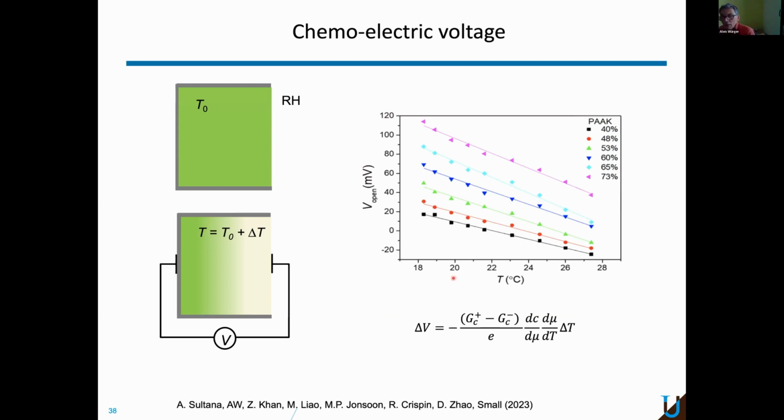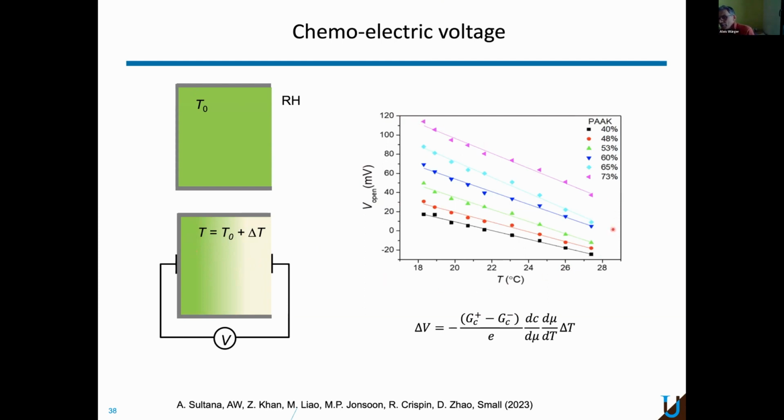And what you see now, when you heat to different temperatures, is this: the final temperature T, starting from the same T naught, means you dissolve more or less water, and you see that this potential difference depends a lot on this temperature.